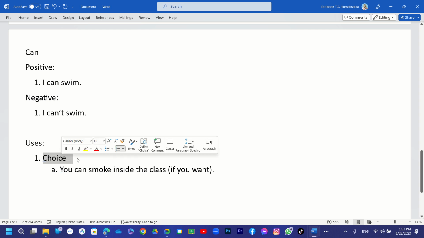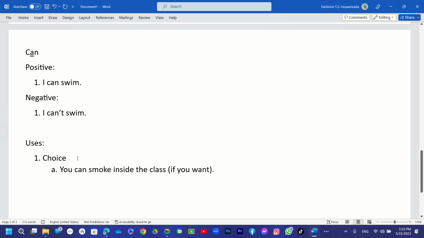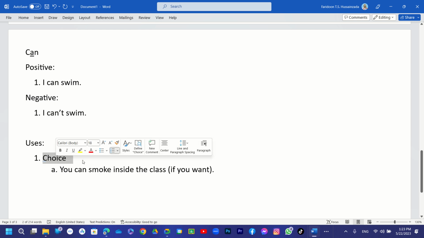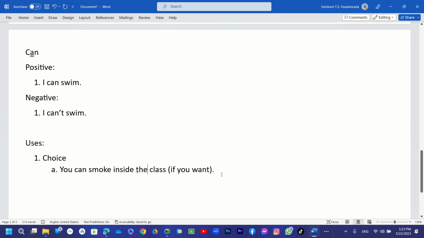Some people might say ability. That is right, it is kind of ability, but can has lots of uses. So one of them is presenting a person with a choice. So you can smoke inside a class. Or for example, she can watch British or American movies.